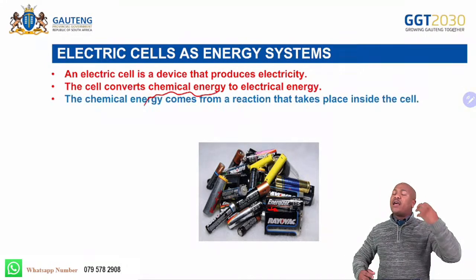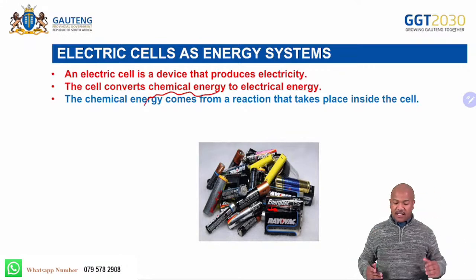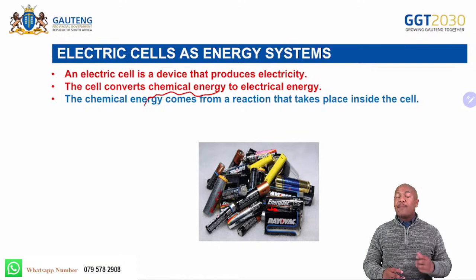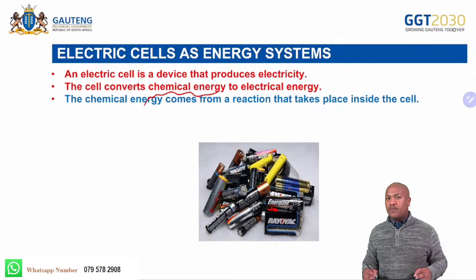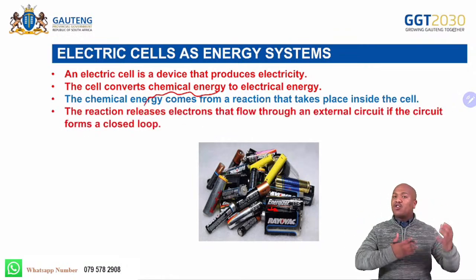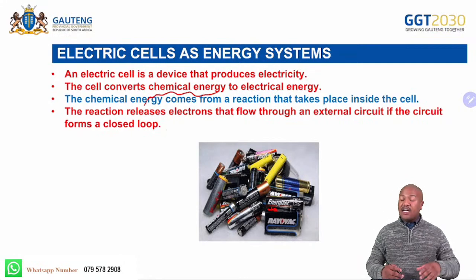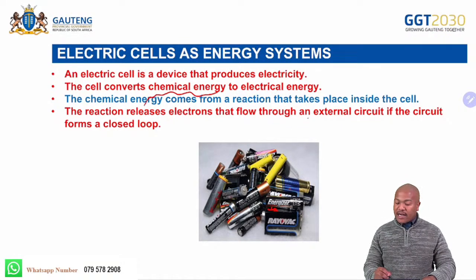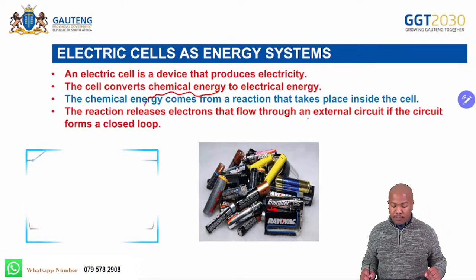They convert their potential energy into kinetic energy, movement energy. The chemical energy comes from a reaction that takes place inside the cell, where you have a movement of excited electrons, right? The reaction releases electrons that flow through an external circuit if the circuit forms a closed loop.